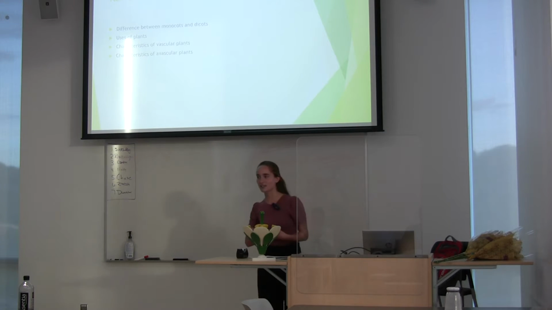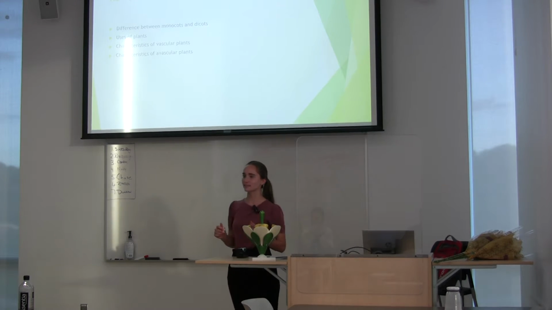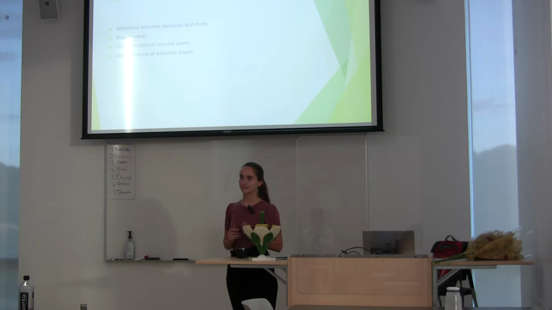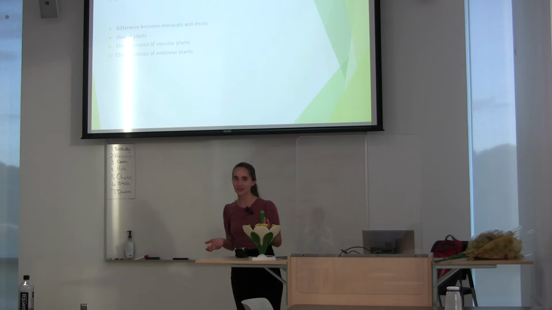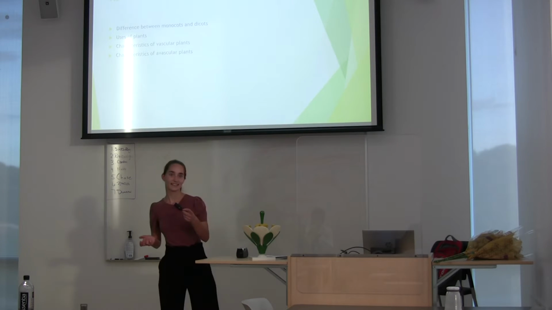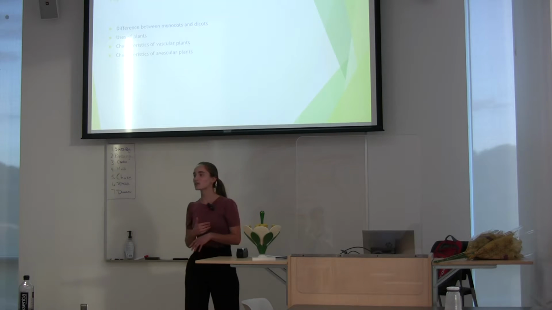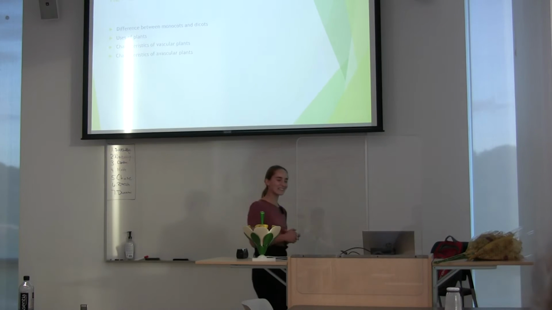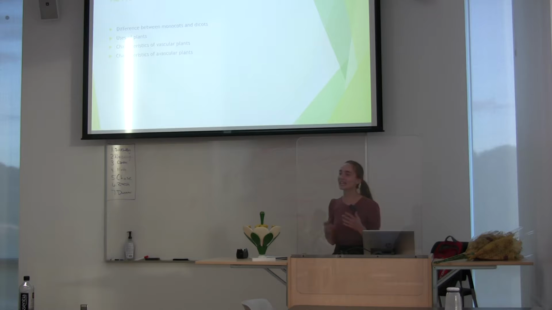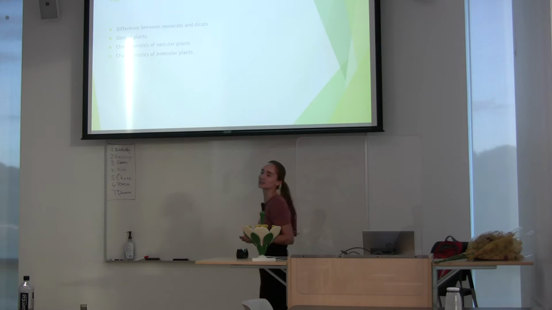What is a characteristic of a vascular plant? Or what is something that vascular plants have that avascular plants don't have? Yes, and that's found in their stems. Ryan's on a roll. So what's a characteristic of an avascular plant?